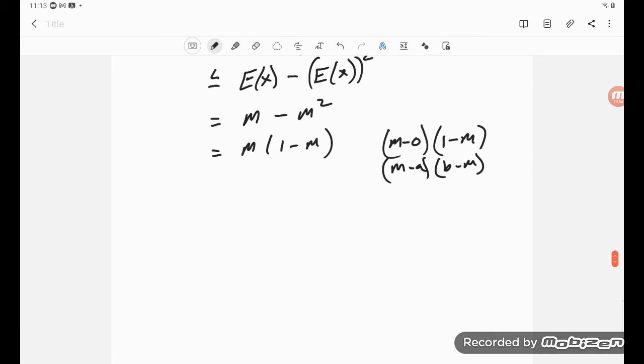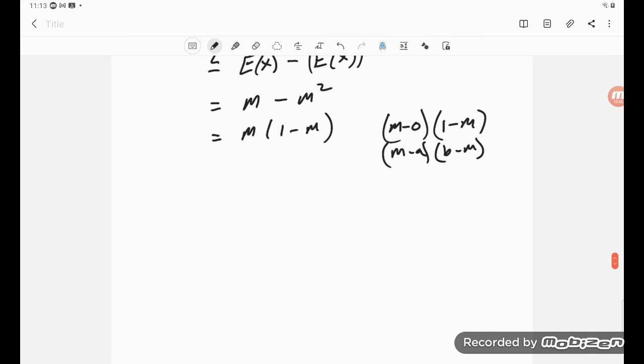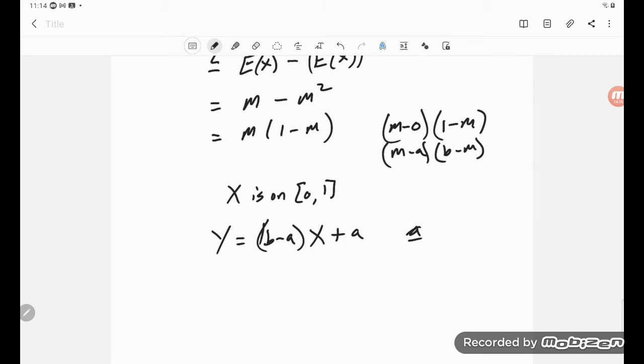Then what do you do after that? Well, if I let x be on 0, 1, and I let y equal b minus a times x plus a, then y is between a and b.